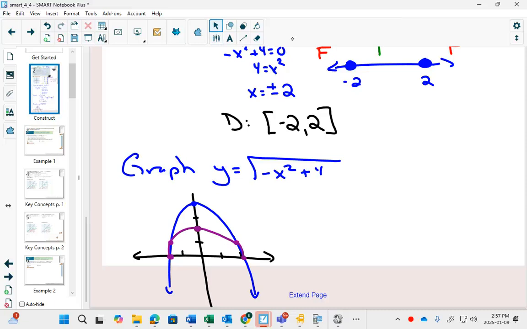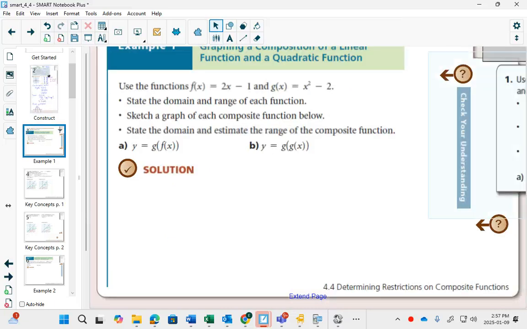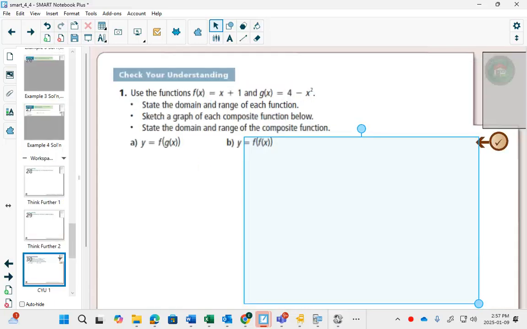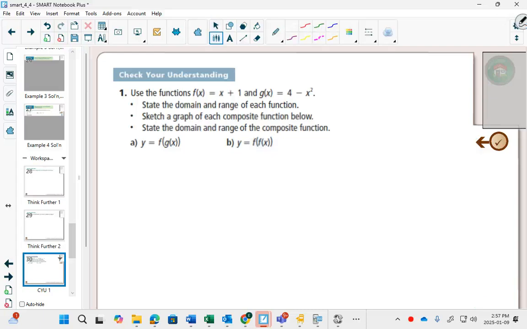Okay, let's go to example 1. Most of the examples are easier than this. Most of the examples don't involve square roots, so your life is actually really easy. Right, here's f of x in blue, has a y-intercept of 1. Its domain would be everything.